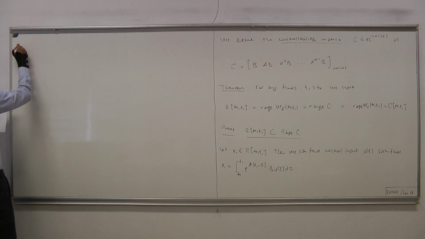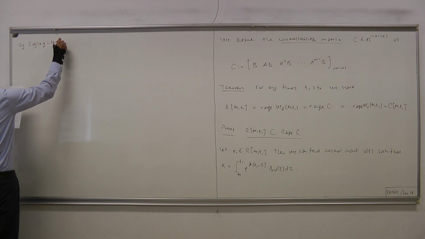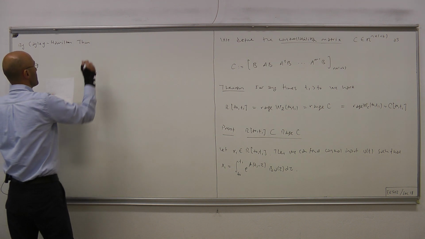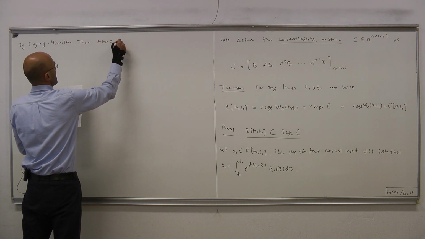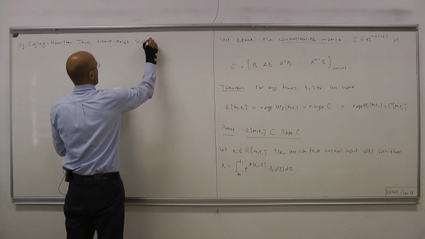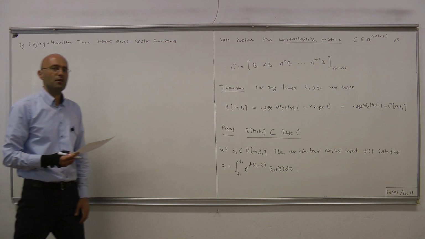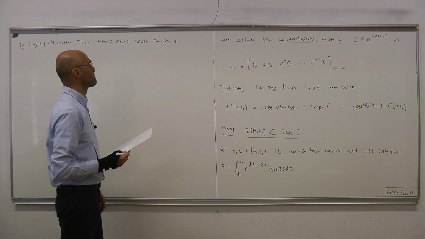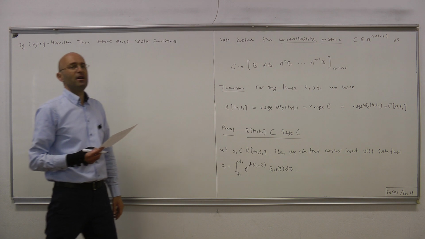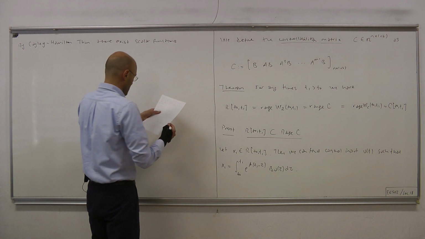So by the Cayley-Hamilton theorem, there exist scalar functions which allow us to write e to the At, for each time, as a linear combination of its first n minus one powers.